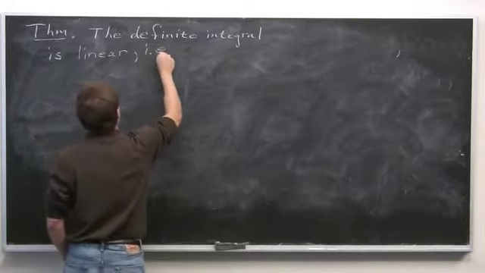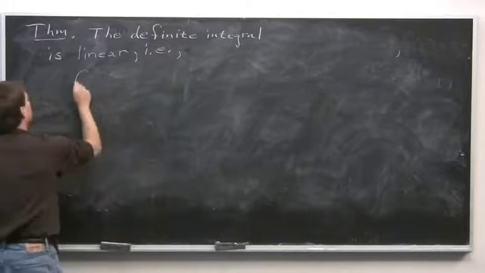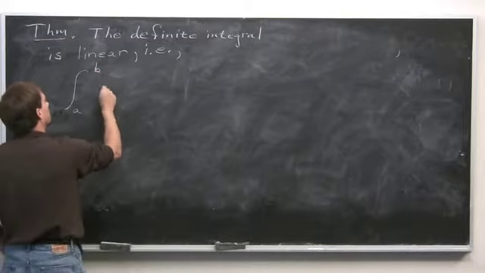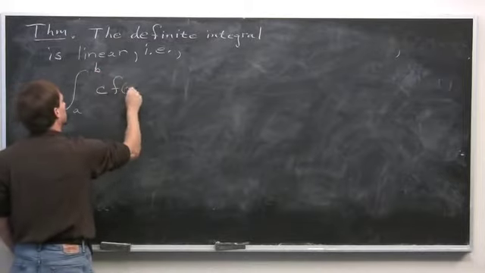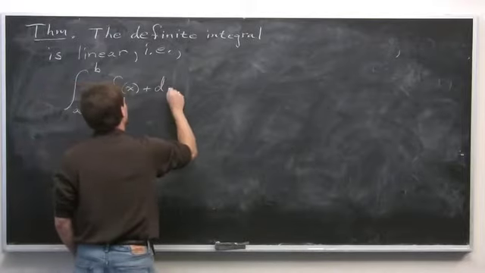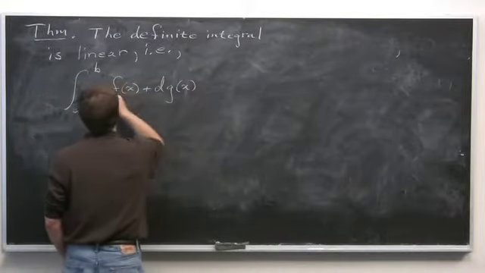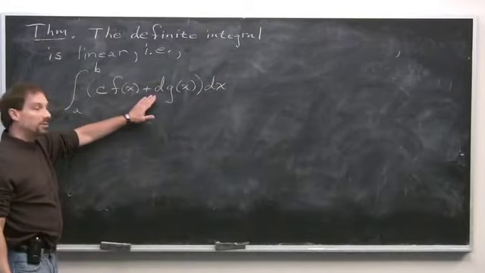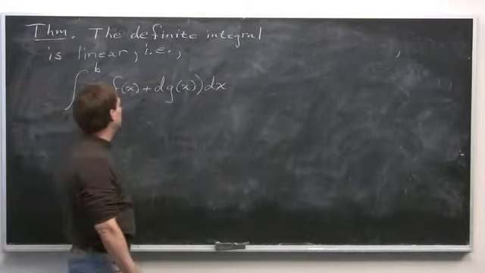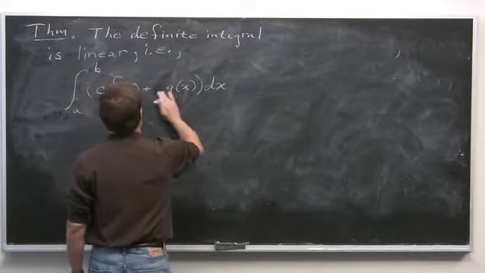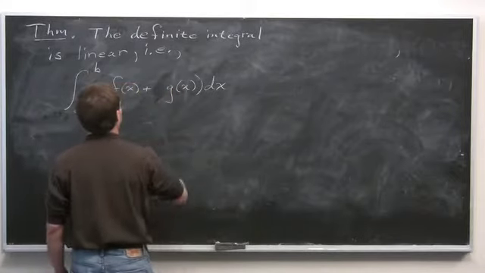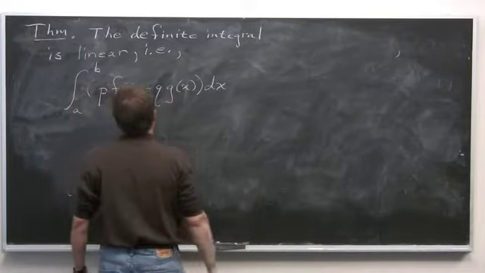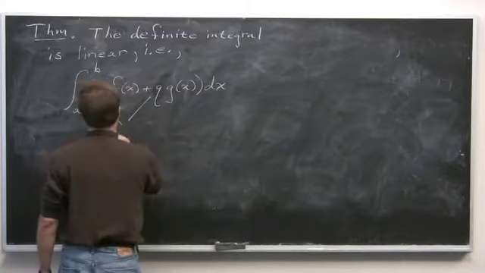This means that if you integrate from a to b of some constant times a function plus some other constant times another function, then you can split up the sums and pull out the constants. Maybe d is a bad choice here. How about e, f, g, h? All right, how about p and q? So these are constants.